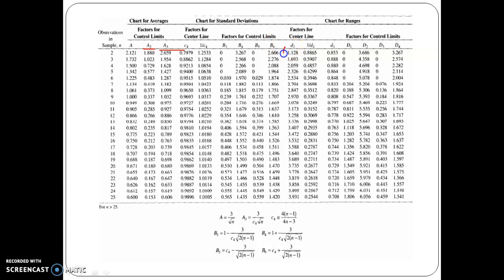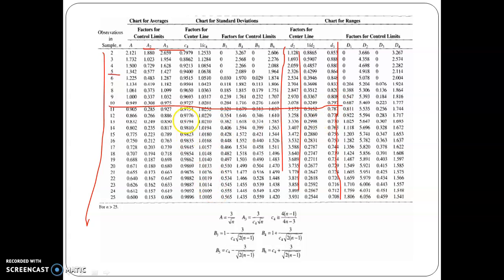So here you can see the value of d2 is given. Depending upon your sample number, you can select the value of d2 from this table. In the same way, the value of d3 can be taken from here depending upon our sample size. If it is 5, if it is 10, we can straight away take the values of d3 and d2.